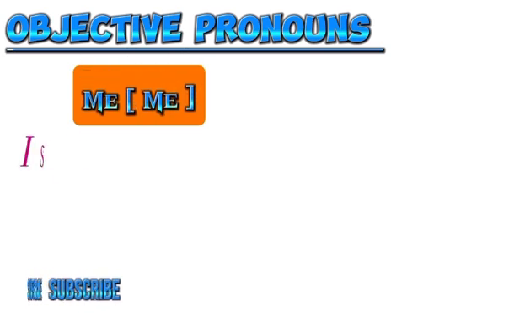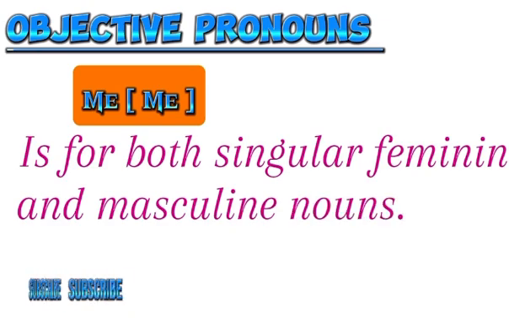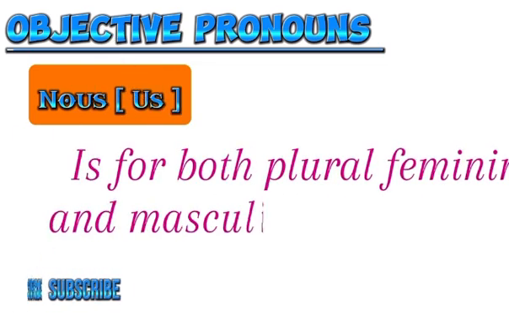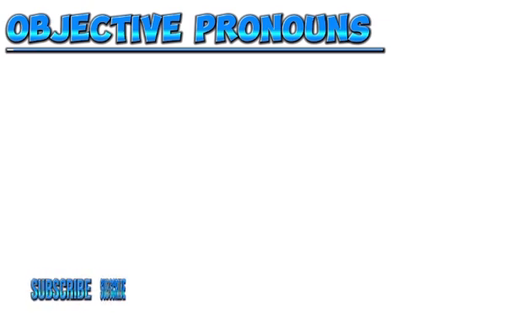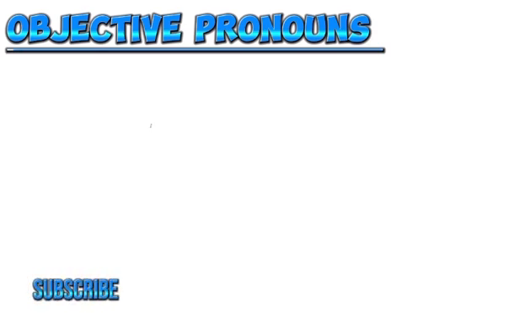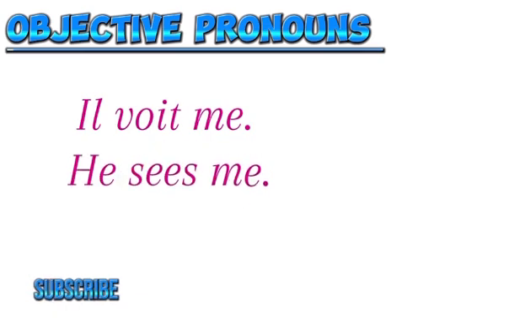Me is used for both singular feminine and masculine nouns, whilst nous is used for both plural feminine and masculine nouns. For example, il me voit, and this means he sees me.